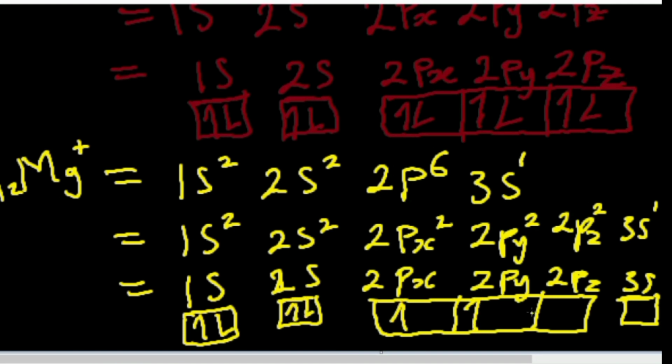Okay, so this is what the configuration will be when magnesium loses only one electron to form magnesium plus. That is the first ionization energy. Yes, and the first one that we did was the second ionization for the magnesium atom. Okay, so we will end here.